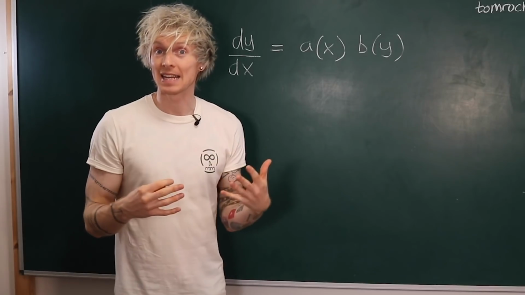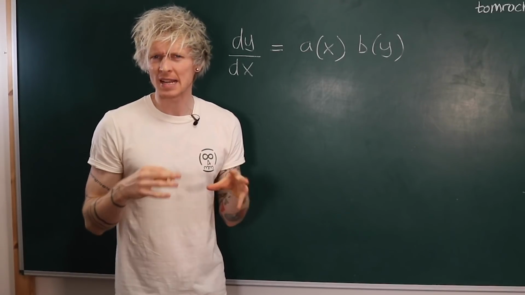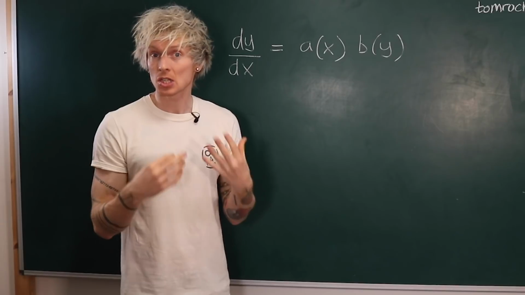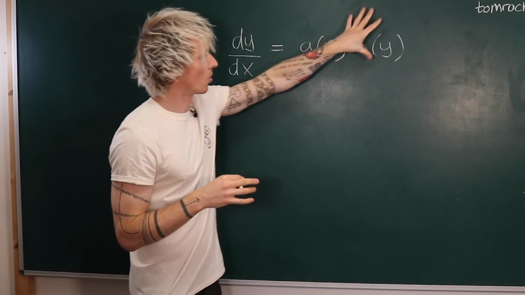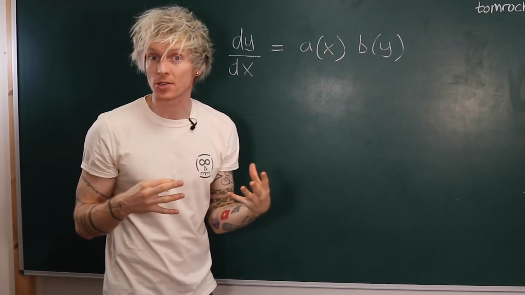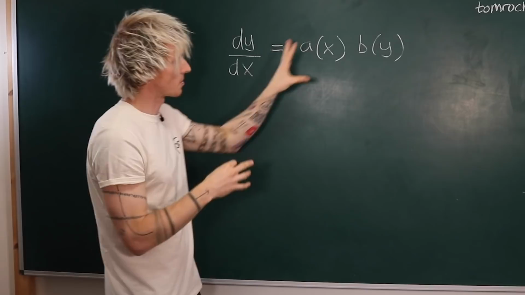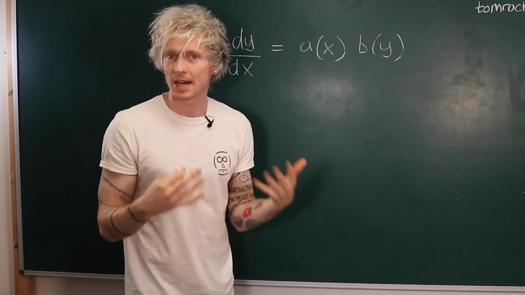The name of the technique, separation of variables, gives you a very big clue as to what we do next to try and solve this equation. We want to bring all of the y terms over to the left-hand side of the expression and all of the x terms over to the right-hand side, and then we integrate both sides.